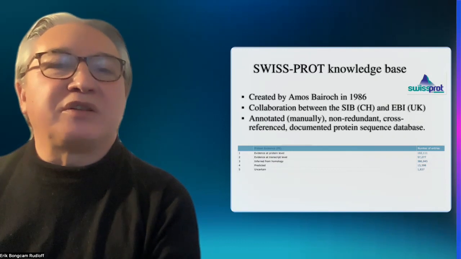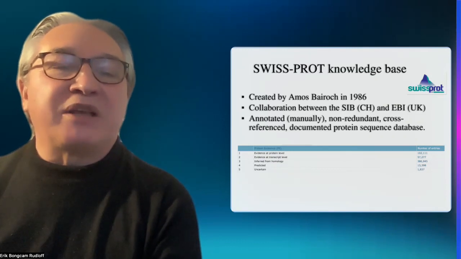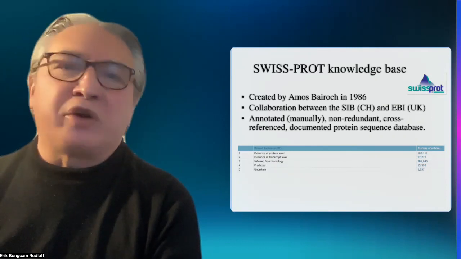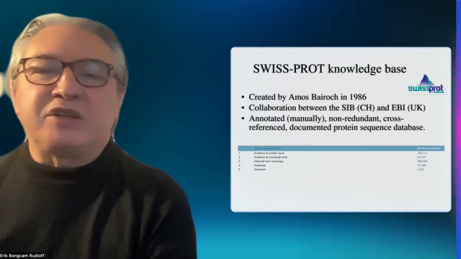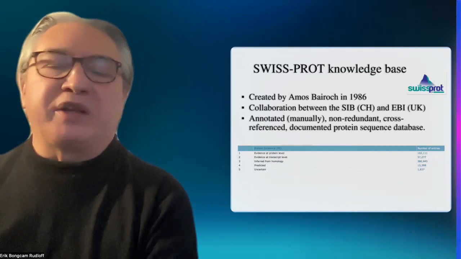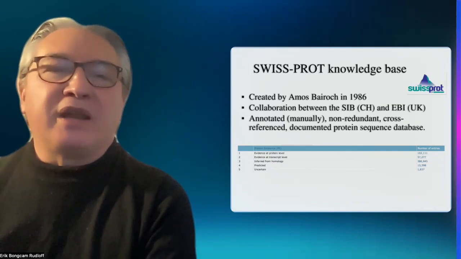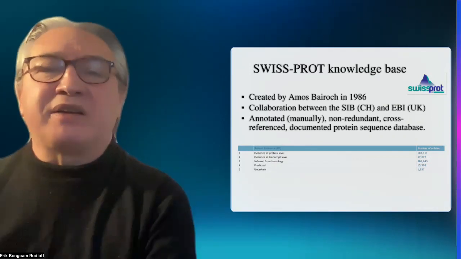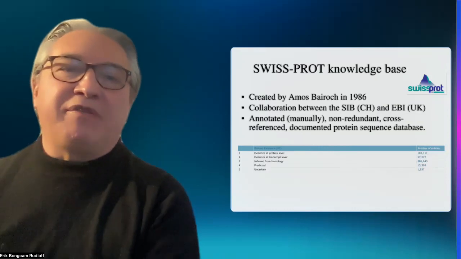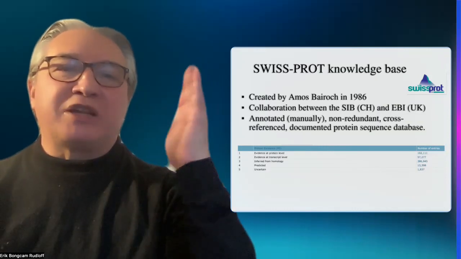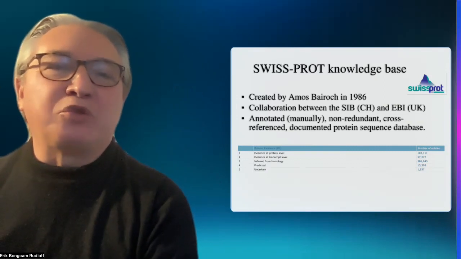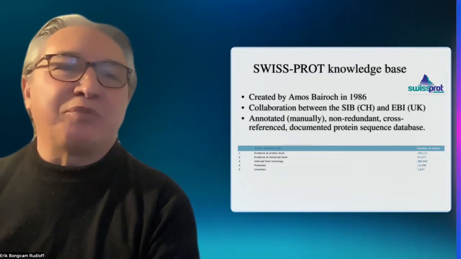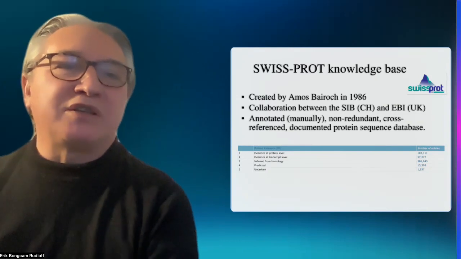So for that reason, the EMBL database was created in 82 or 84, I don't remember exactly. Then the necessity to create one for the proteins came up, and you can see in bioinformatics, the needs are there. Everyone is screaming, we need a solution. But in most cases, it's one person or two people that decide to make something to solve this issue.